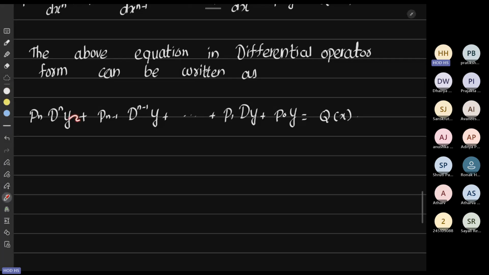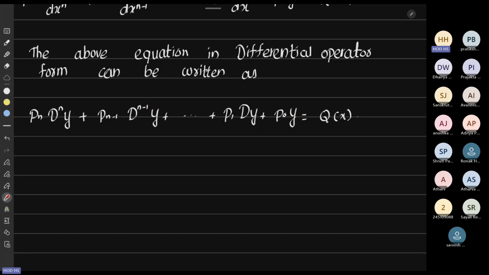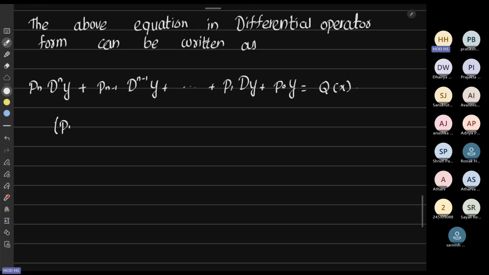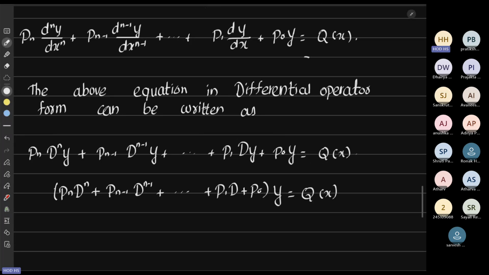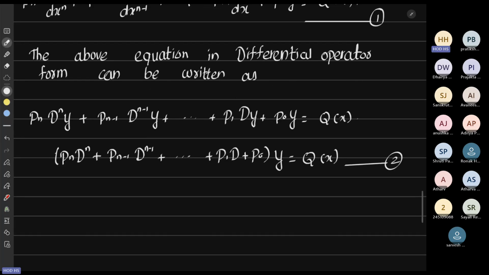Now we can take y common from the left hand side, and rewrite the equation as Pn D power n plus Pn minus 1 D power n minus 1, and so on till P1 D plus P naught, times y, is equal to Q of x. Let's call the above equation number 1 and this equation number 2. These two are the same equation in different representations.